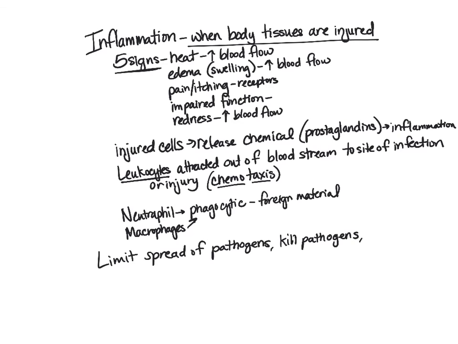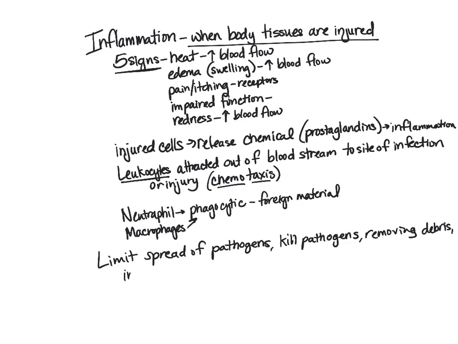We're also killing the pathogens with our neutrophils and our macrophages that are killing them, as well as we are removing debris. And when we say that, we do mean, like, you know, if you got stuck by a stick or something like that, there would be little pieces of that stick in there, and our macrophages and our neutrophils are going to come and gobble that up. But also that means our broken cells, our broken blood vessel cells, our broken skin cells, things like that.